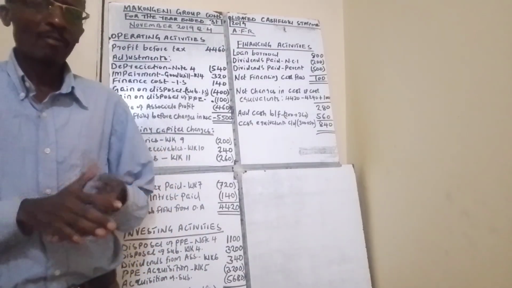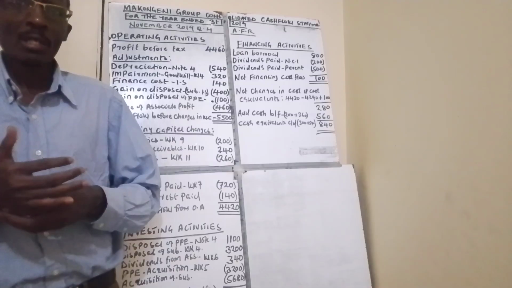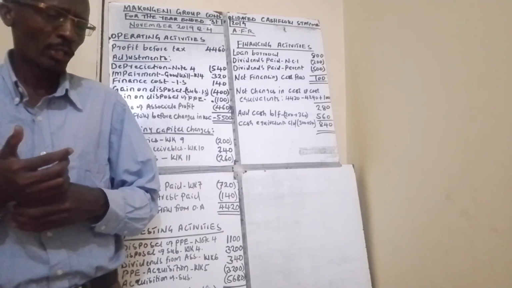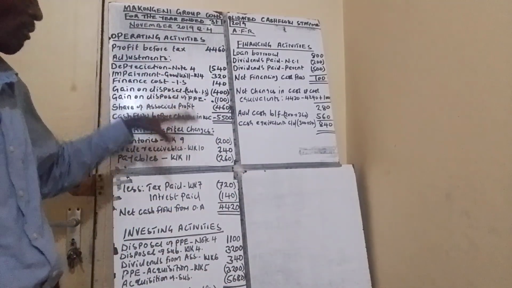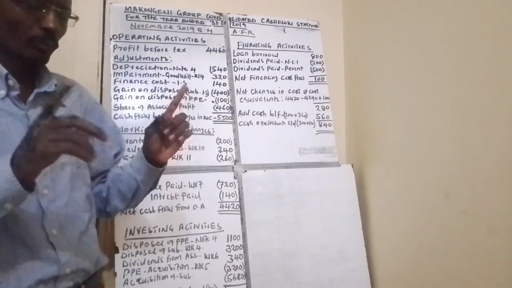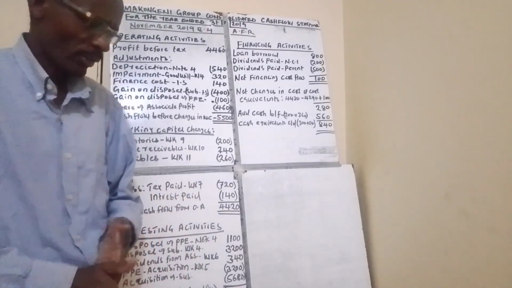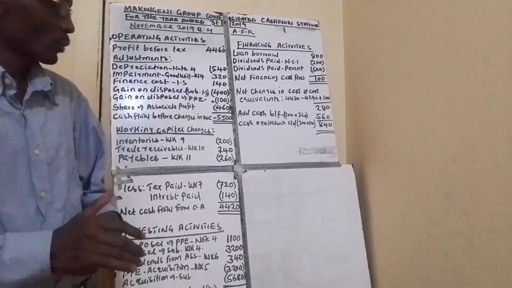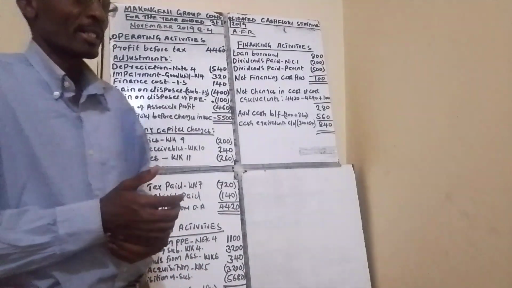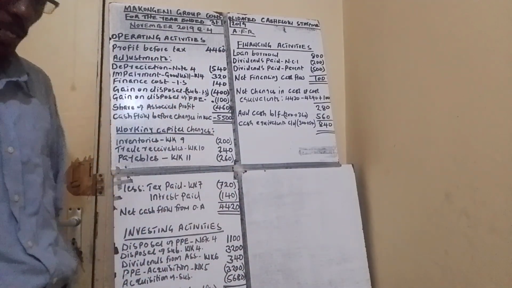We read it from the paper, and I believe you have that paper with you, and then I show you the solution. As I show you the solution, I'll also be elaborating and explaining each point as it appears.